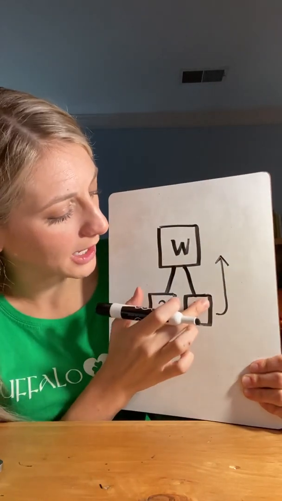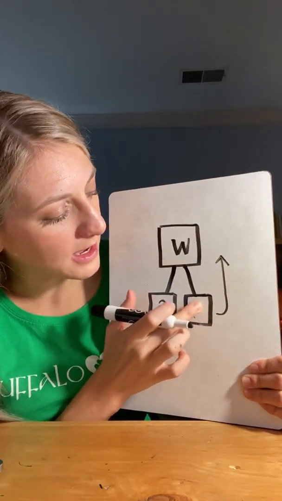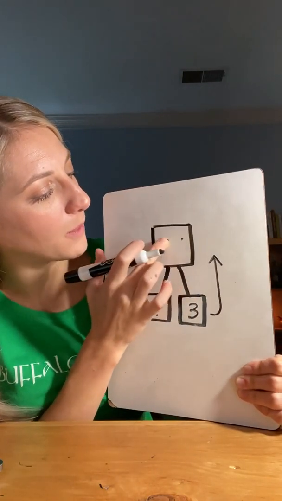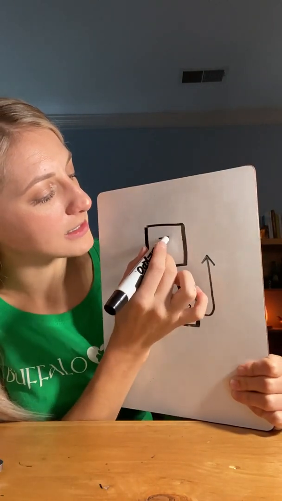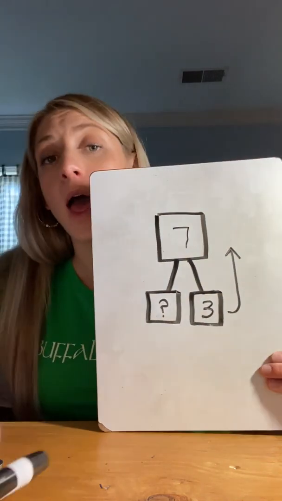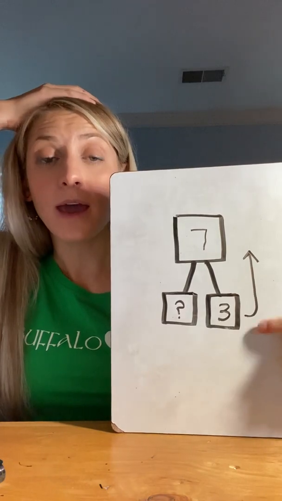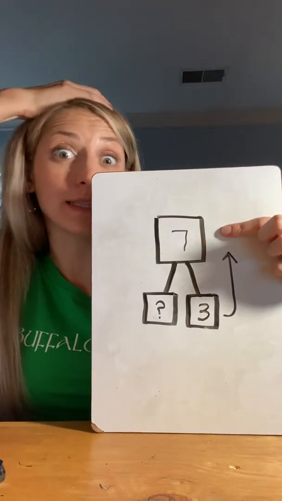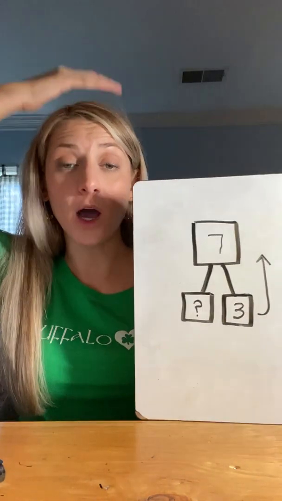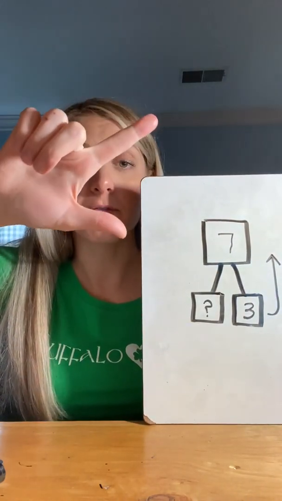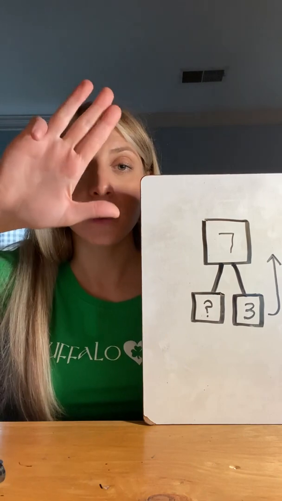So let's try that with actual numbers. If I had a 3, I know that's my 1 part, and a 7 is my whole. I would plant this 3 in my brain, and I'm going to count up to my whole and stop, 7. Here we go. 3, 4, 5, 6, 7.